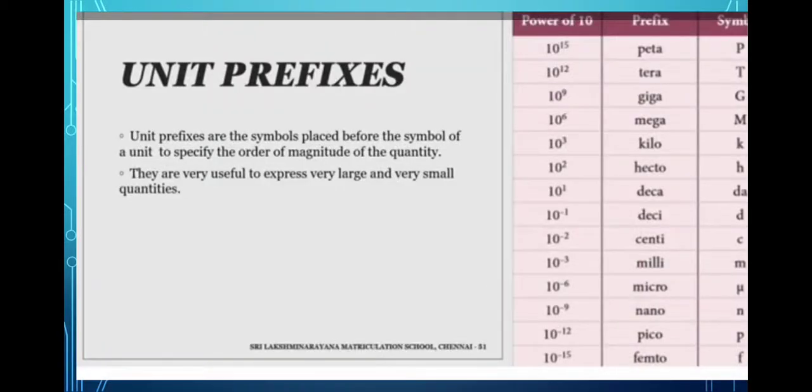Next, unit prefixes. Unit prefixes are the symbols placed before the symbol of a unit to specify the order of magnitude of the quantity. They are very useful to express very large and very small quantities.